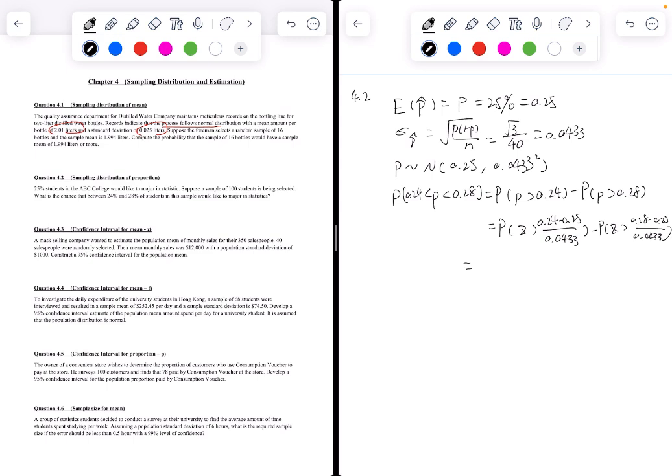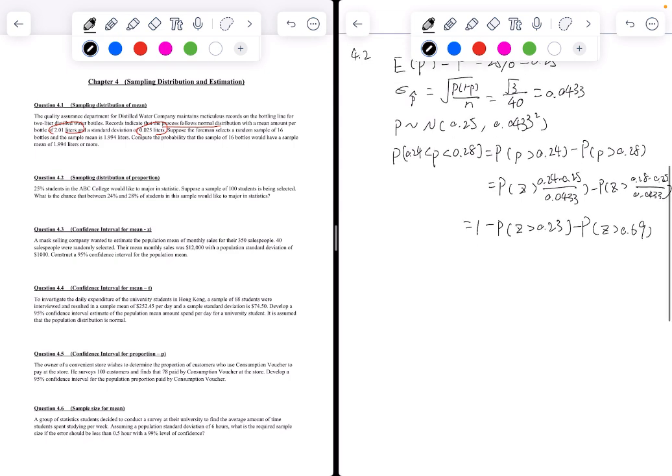Then this equals 1 minus the probability of Z larger than 0.23, minus the probability of Z larger than 0.69. After checking the statistic table, this equals 1 minus 0.4090 minus 0.2451, which equals 0.3459. That's all. Thank you.